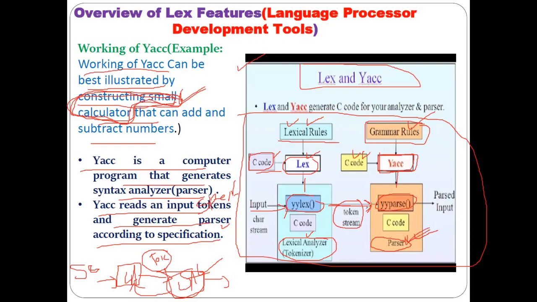To this parser you are giving the input as a token stream, a collection of different tokens. Then these tokens are arranged together by the parser, and the parser will generate some output here. And that output will be what?